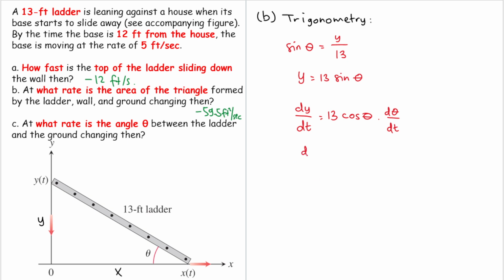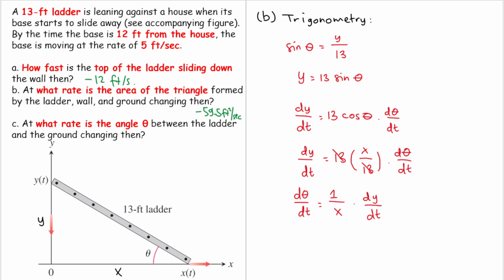So we'll have dy/dt equal to 13 multiplied by x over 13. We will have this cancelled, multiplied by d theta/dt. And the question is asking us about d theta/dt. So we'll have d theta/dt equal to 1 over x multiplied by dy/dt.